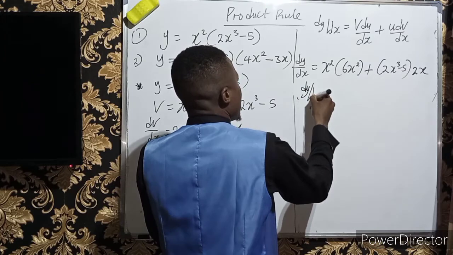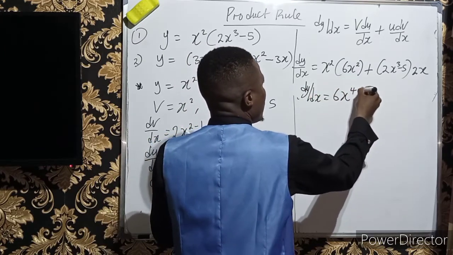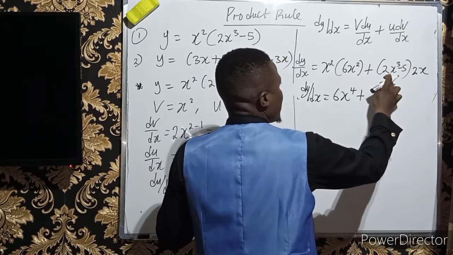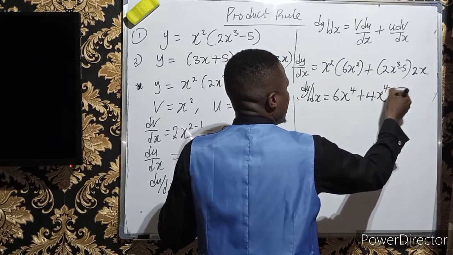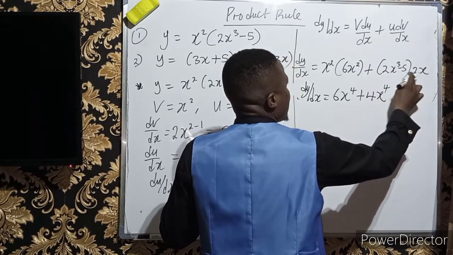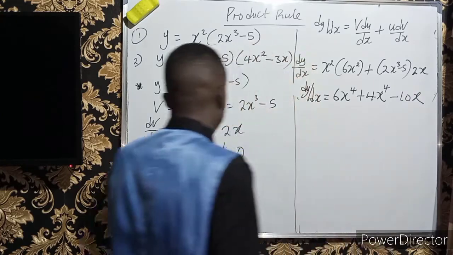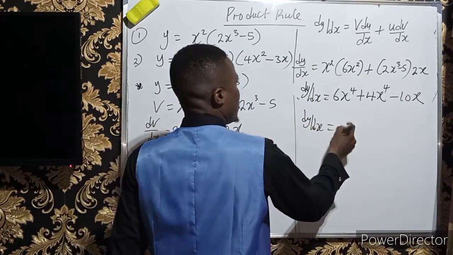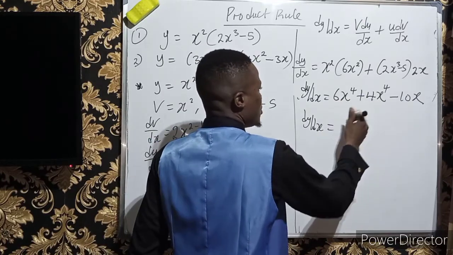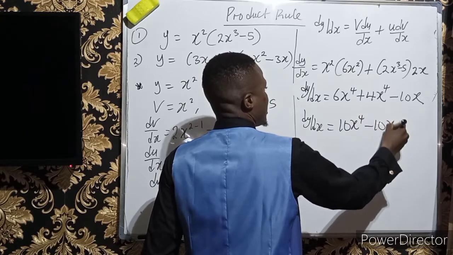And dy dx is just open the bracket. This is 6x to the power of 4 plus 2x times 2x cubed is 4x to the power of 4, because the power here is just like 1, and 2x times minus 5 is just minus 10x. Now the dy dx, which is what we are looking for, the powers are the same thing, you are free to add, so this is just 10x to the power of 4 minus 10x.